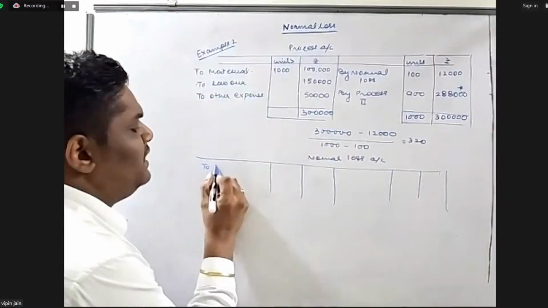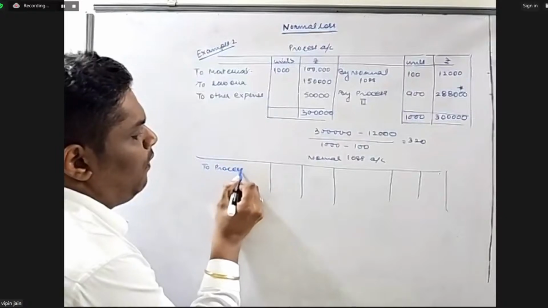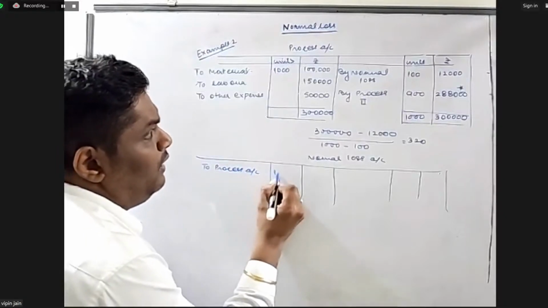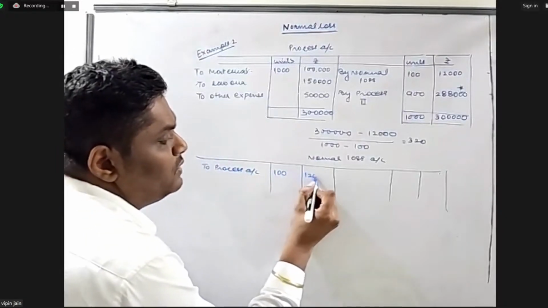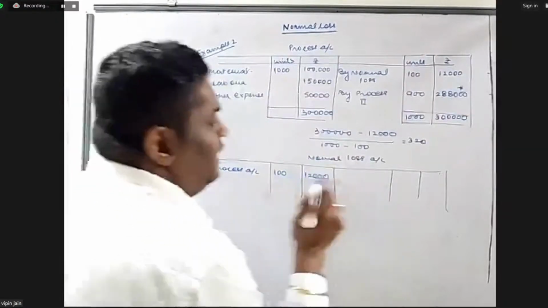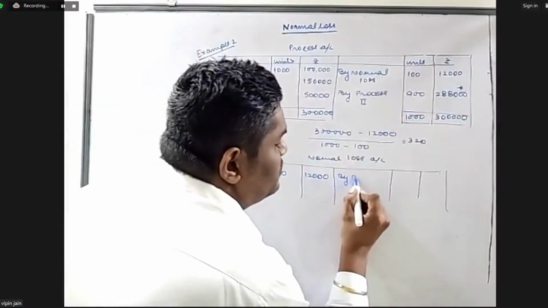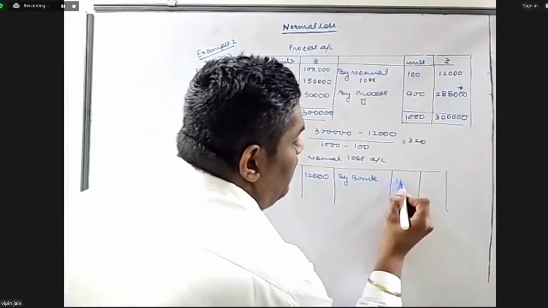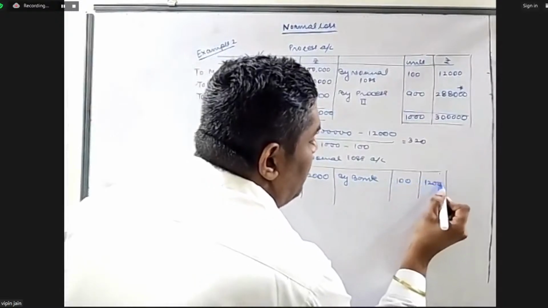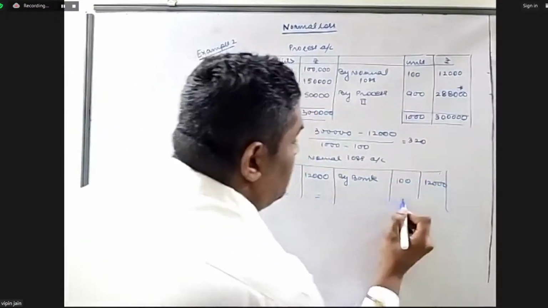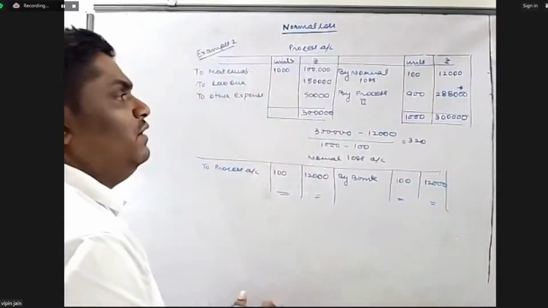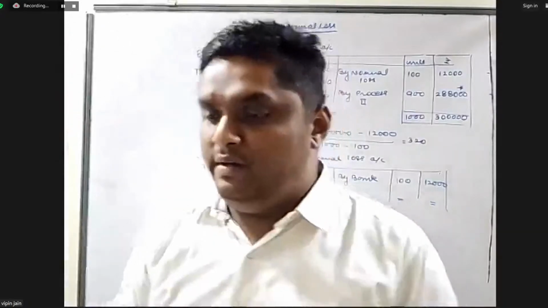We'll write to process account 100 units, 12,000 rupees. And these units are sold in the market. So by bank, 12,000. That's it. This is how the normal loss account will be prepared.